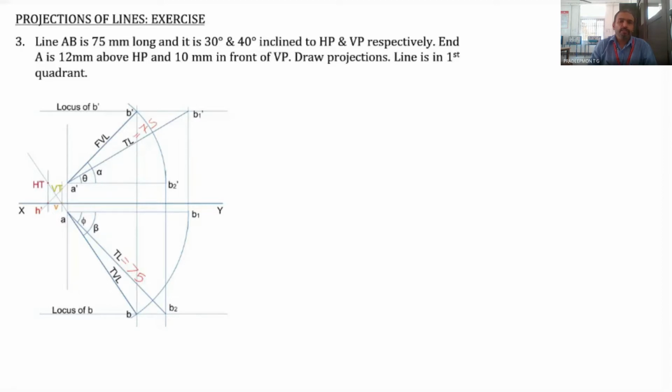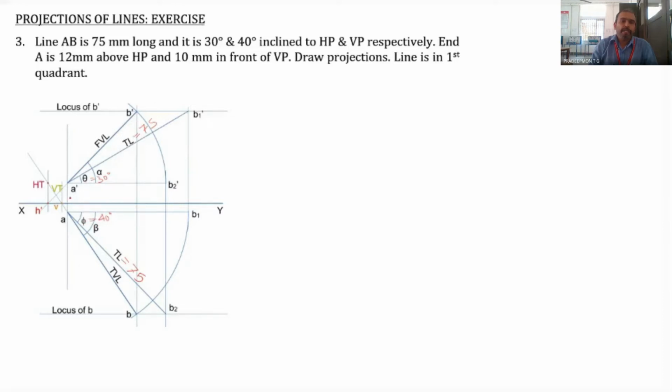So these 2 values we obtained, the true length. Then theta equal to 30 degree. Here it is 30 degree. Alpha we don't know. Here also phi is equal to 40 degree. This also we know. We don't know beta. This is phi. Phi is 40 degree.